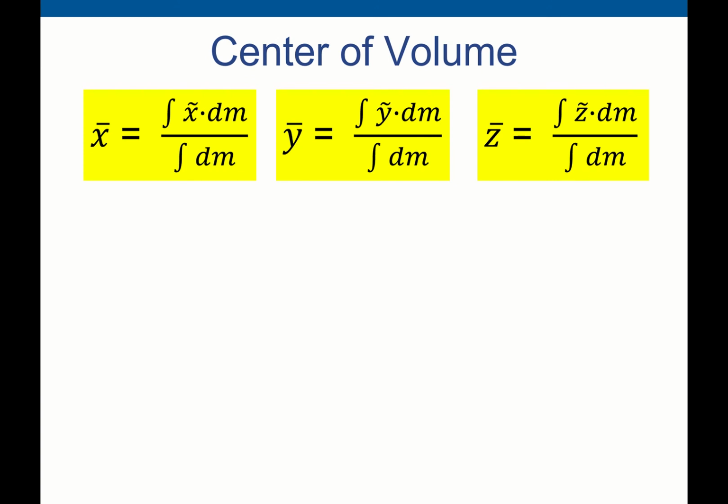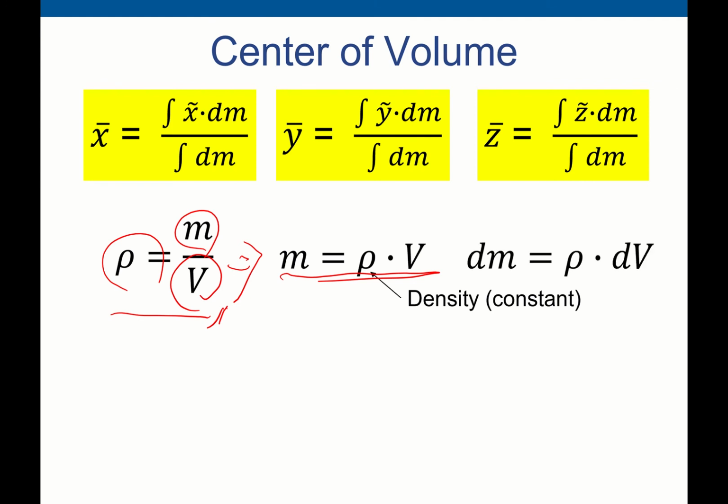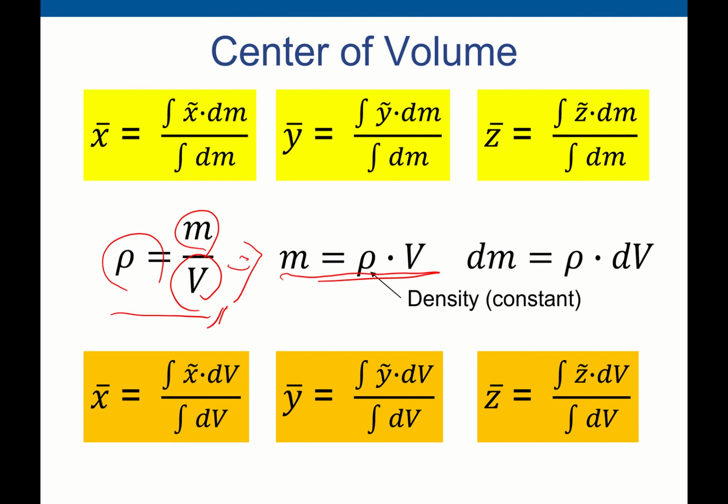How about the center of volume? We know the center of mass. If you remember the density equation, density is mass over volume, which means mass is equal to density times volume. This is a simple transition. Then density is a constant, like the gravitational acceleration we just saw.